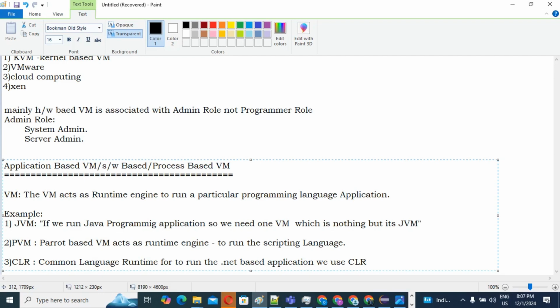So the Common Language Runtime is a runtime engine used to run our .NET based application.